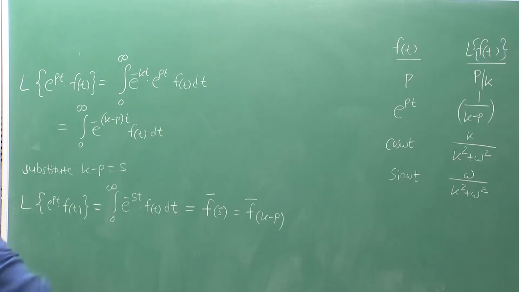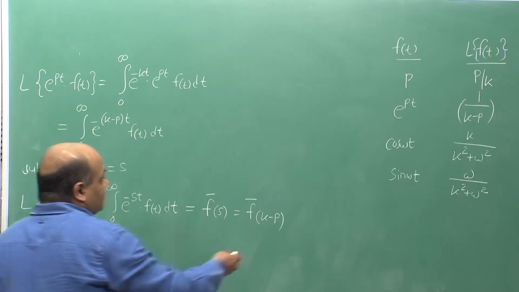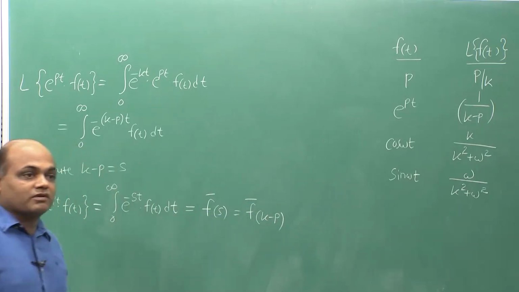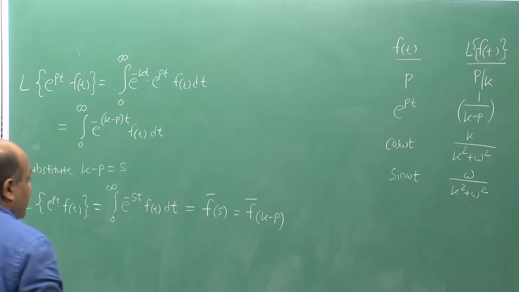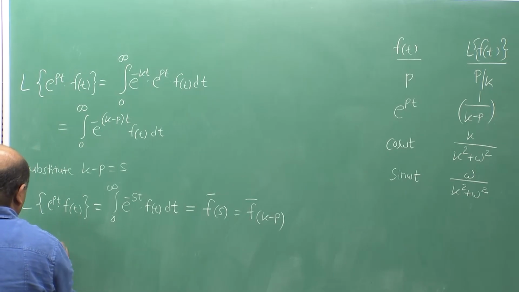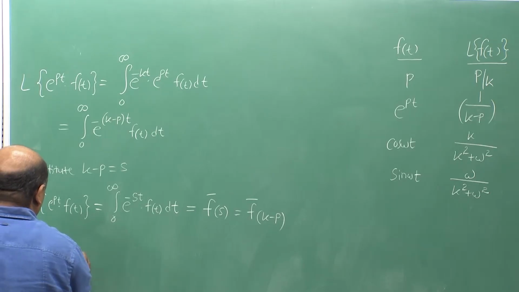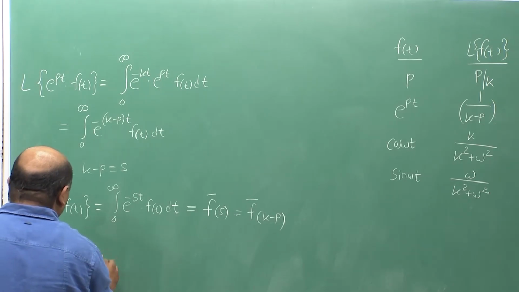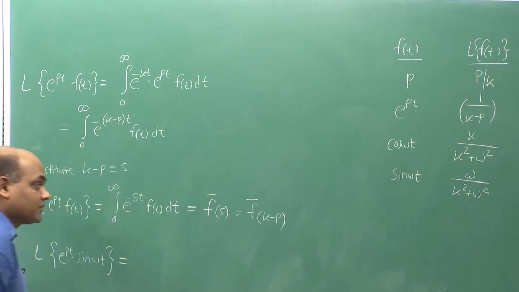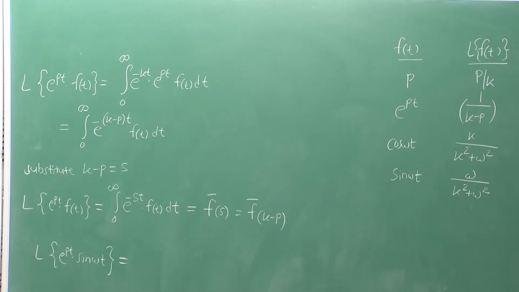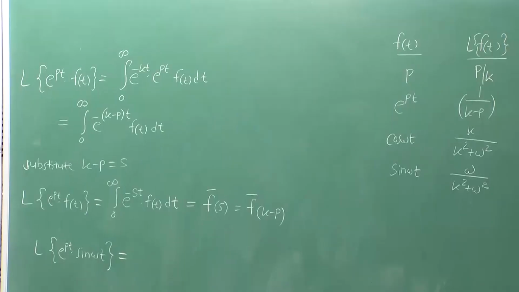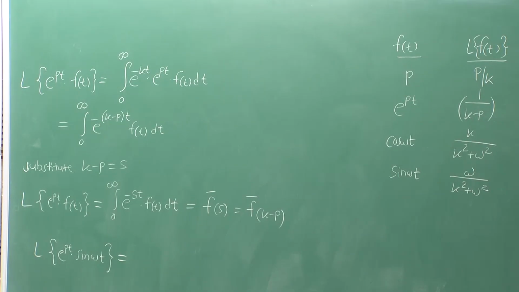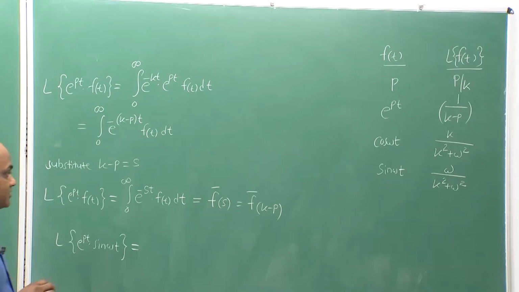So, for example, if you consider any function from here, let us say sin omega t, then the Laplace transform of e to power p t times sin omega t should be, what should this be? Looking at that table, yeah, you have to substitute k with k minus p.